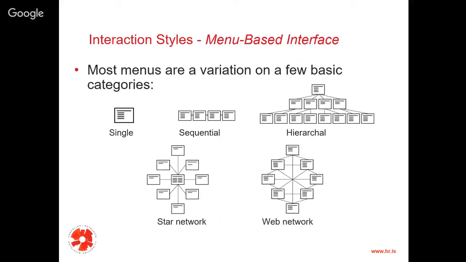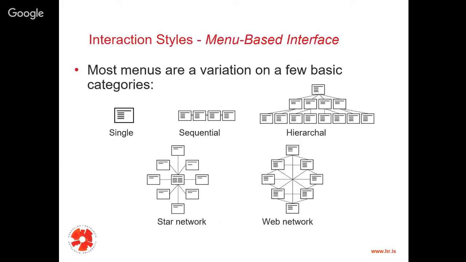But like I said, there are many different ways of how to design it. You could have sequential menus, you could have a hierarchy, or what we are used to today is the web network, where you can go between all of them.